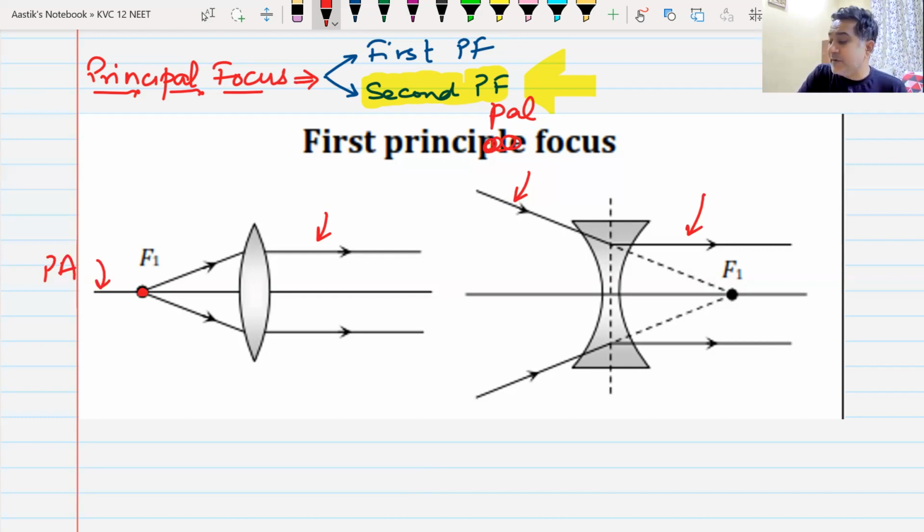If this is the first principal focus, what would be the second principal focus? If that one was the first, how will I define the second? First principal focus is the point where you place an object, the ray goes parallel after refraction, and the image is formed at infinity.